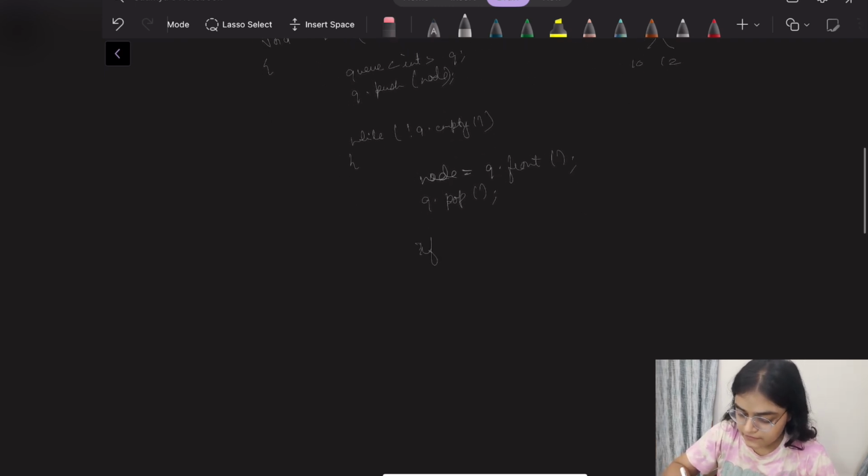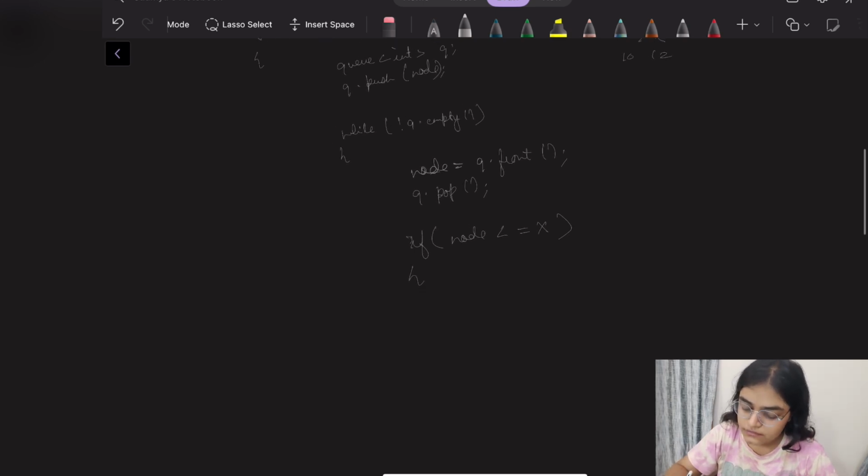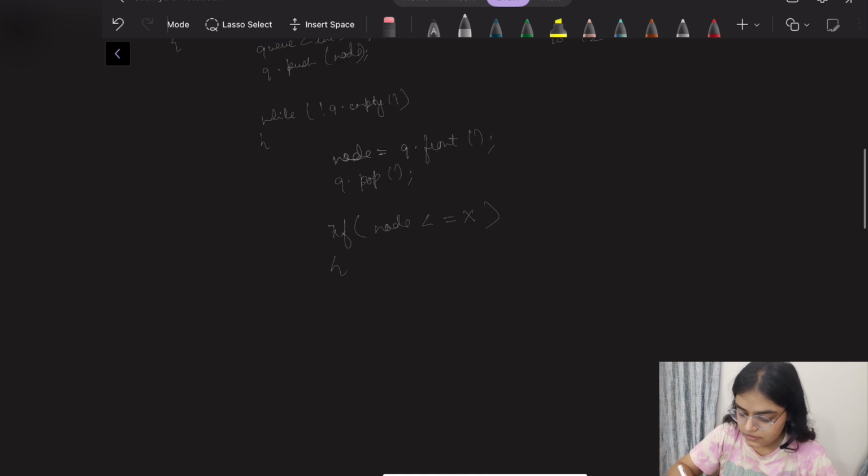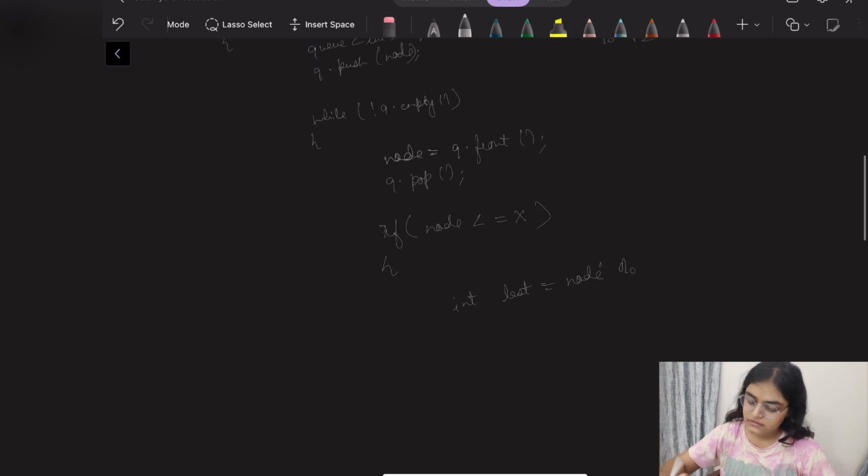If node is less than equal to x, then we'll continue to make another node using the same formula that we discussed earlier. Int last is equal to node modulo 10.